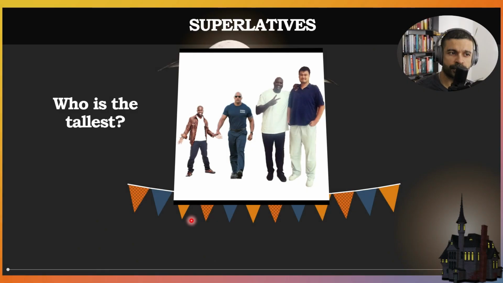What about superlatives? Remember that a superlative is when you put one individual or group of individuals on top of the other ones. They are the best, the absolute best, or they are the absolute regarding that particular quality that we're talking about. For example, in this case, this guy is the absolute, is the top when we compare him to the rest of the people in this group.